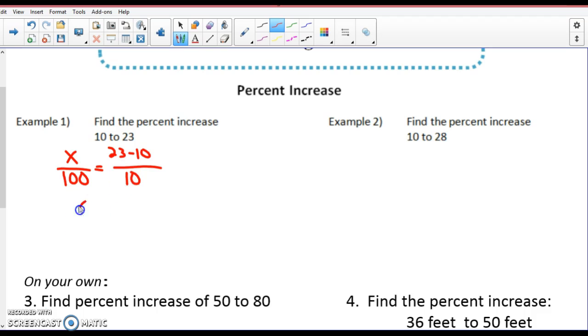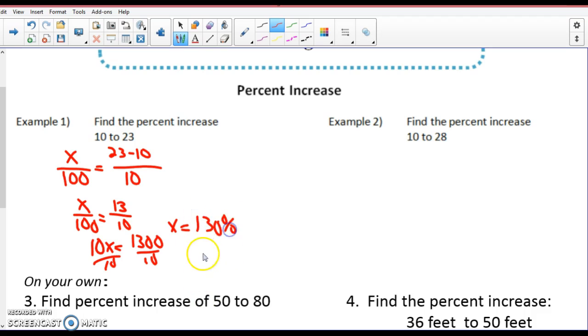So it'll be X over 100 equals 13 over 10. When you do the subtraction, always subtract so it is positive. So I'm going to cross multiply: 10x equals 1300, divided by 10, x is 130% increase.